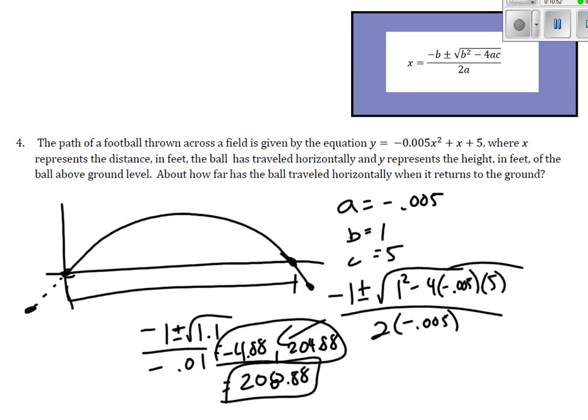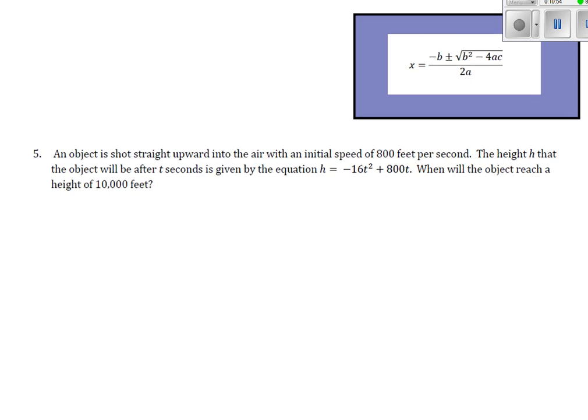All right, but all I did was put it in and let the calculator do the work for me. All right, an object shot straight up in the air, going 800 feet per second. The height it reaches after t seconds is given by the equation of this. When will the object reach a height of 10,000 feet? So when will this equal 10,000?